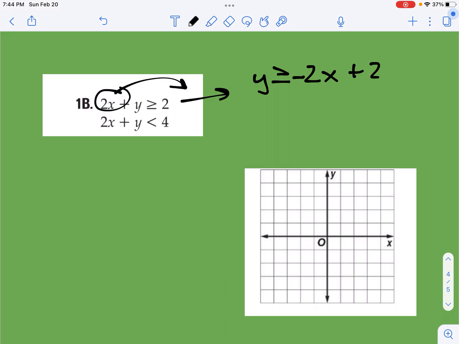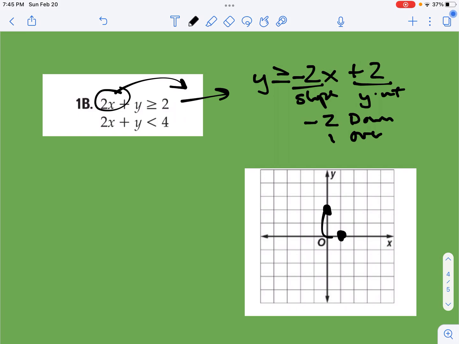So this 2 is my y-intercept, and this negative 2 is my slope. My y-intercept is 2, so we'll put a point at 2. My slope is negative 2, so that means negative 2 down, and then 1 over to the right. So negative 2 down, 1 over to the right.